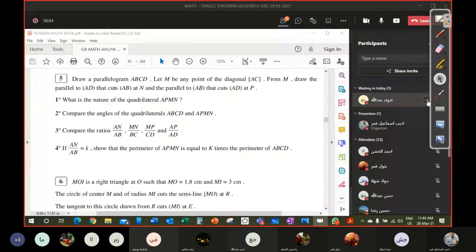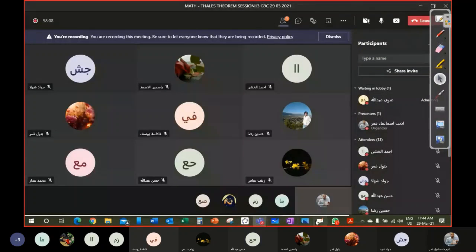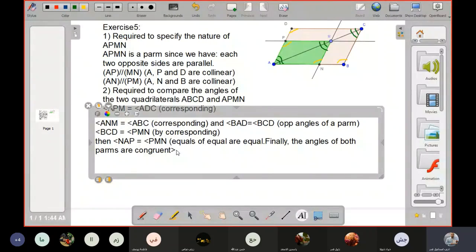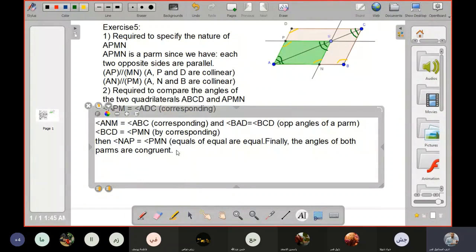Okay, wait. Yes. So part 3: in the two triangles ABC and ADC, we have first MN, like Hassan was saying, I'm grouping them in one answer.